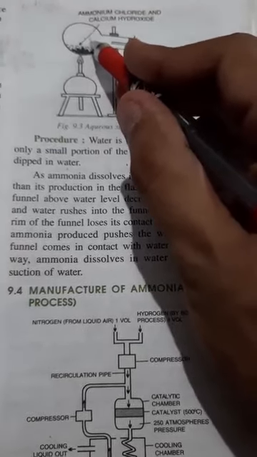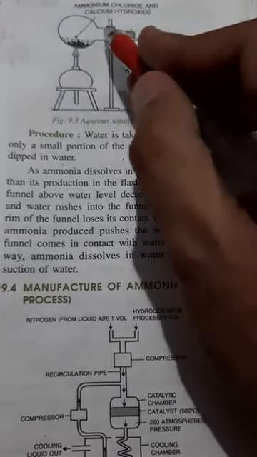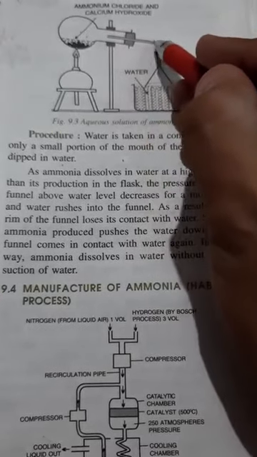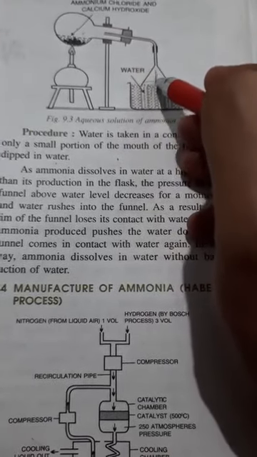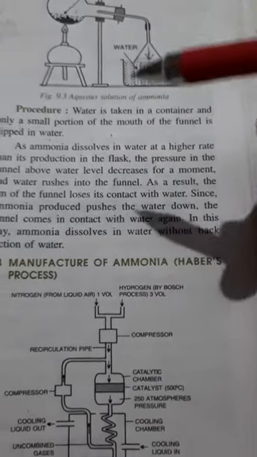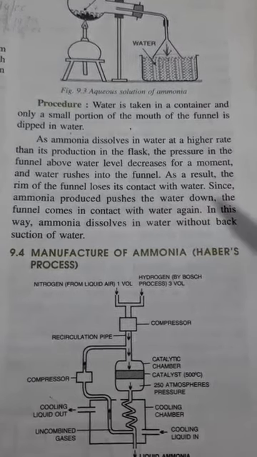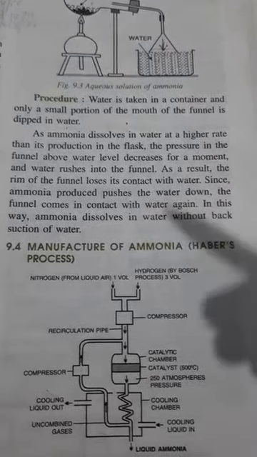Why? Because production is less and dissolving is more, so in that time water rises up, but at that time again some gas comes and pressurizes the water to go down, right? And immediately the water falls back again, and ammonia dissolves in water without back suction.